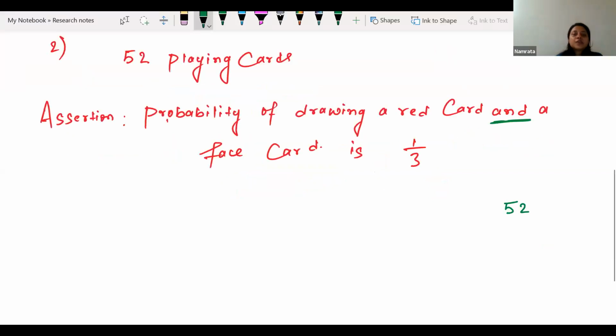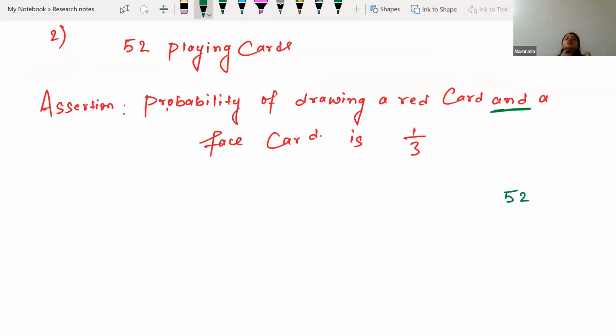So every card comes in 4 types: two black, two red. If we have four cards, one is diamond, one is club, one is spade, and one is heart.